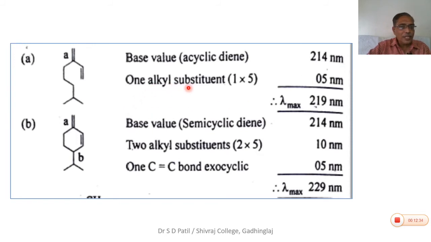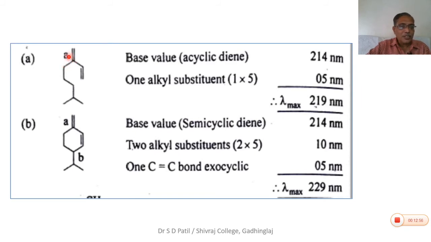Then one alkyl substituent. Whenever we consider the diene system, we have to see the diene system is there. Then in this diene system, there is only one alkyl substituent. When it is present in an acyclic system, it is an alkyl substituent. When it is present in a ring, we say it has a ring residue.